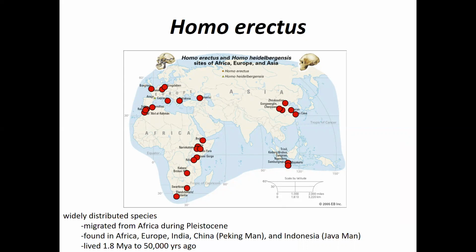So 50,000 years ago isn't that long ago. If you think, agriculture and civilization was about 8,000 to 10,000 years ago, right? So it's about 5 times longer ago than the time that we've had civilization and agriculture.